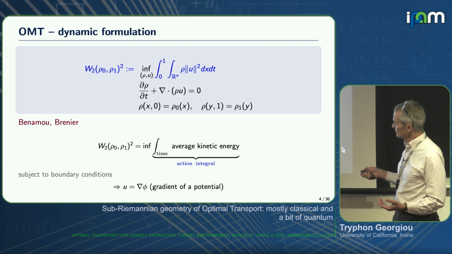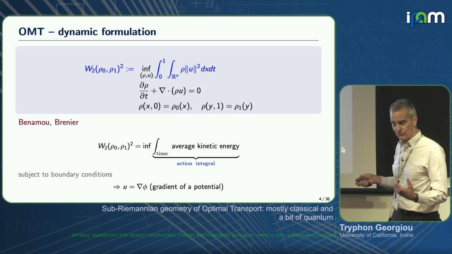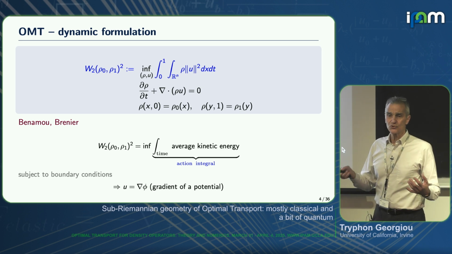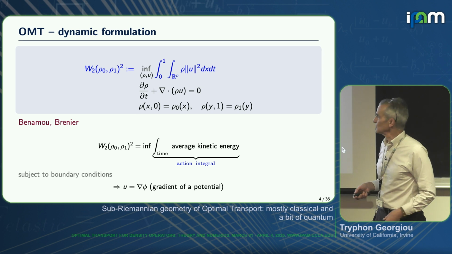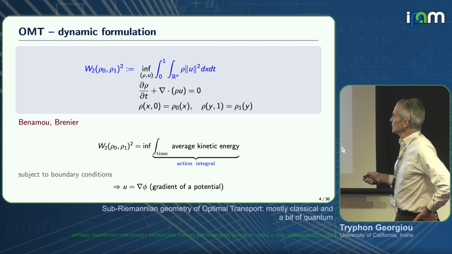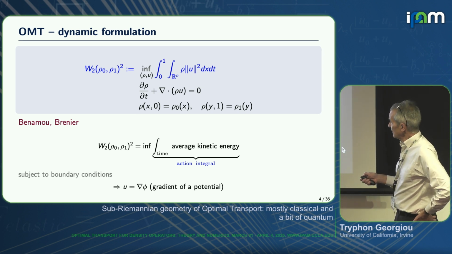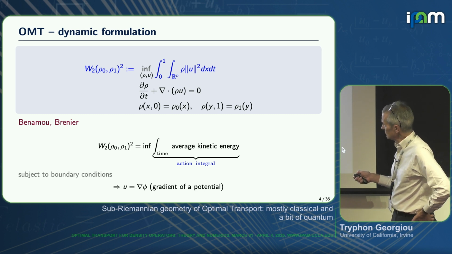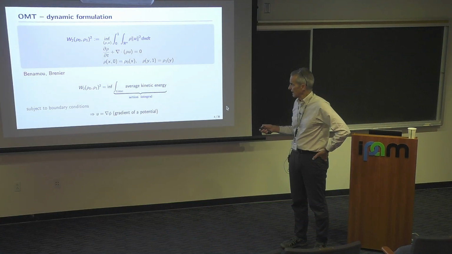Here, I have to apologize, I'll use rho for density matrices and probabilities, and sometimes I'll switch to mu because the slides were not uniform. So the Wasserstein metric is the infimum over rho and velocity fields that minimize this action integral. So you integrate over all particles their kinetic energy, and you integrate from beginning to end of the path.